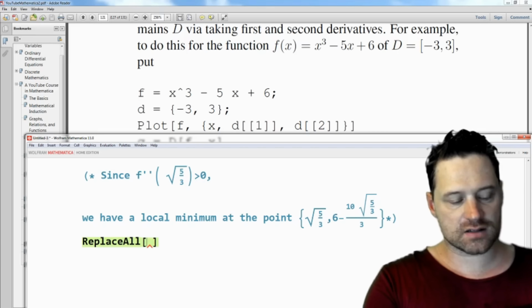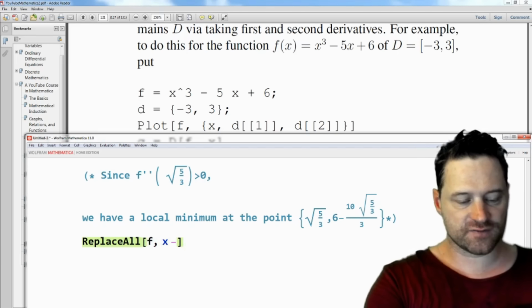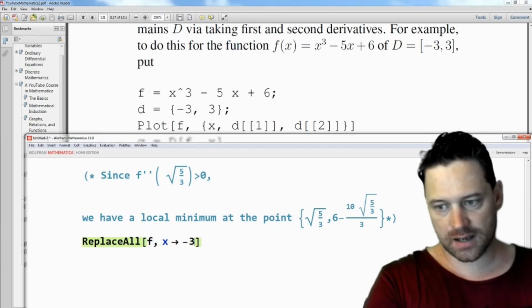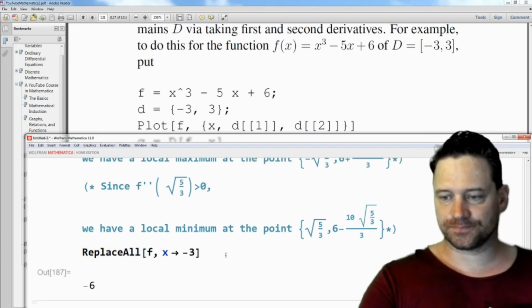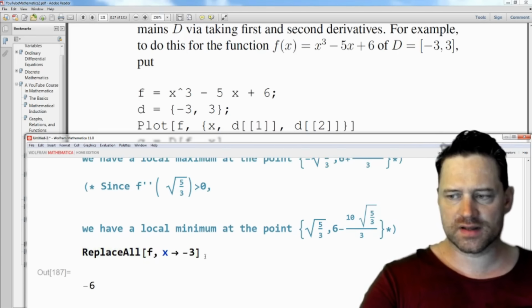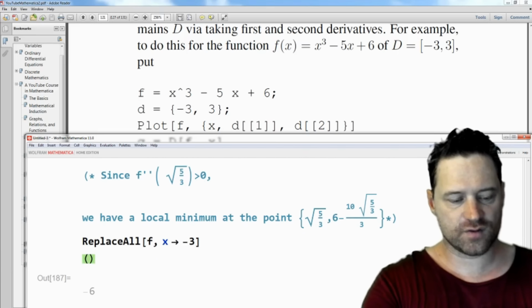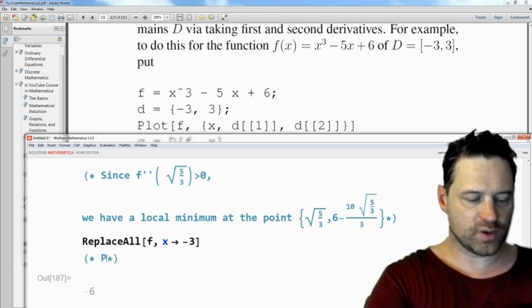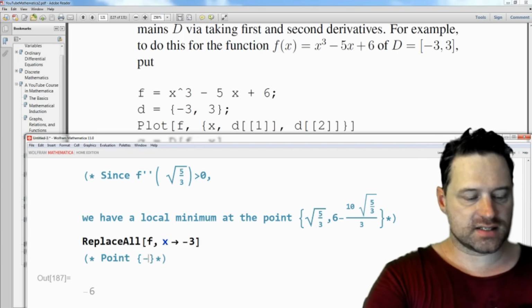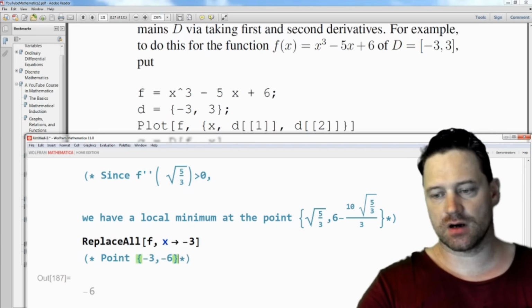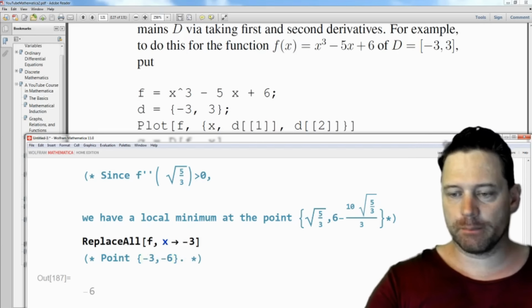So I want to replace x first with minus 3. Shift enter, and I get minus 6. Now let's record this as a point. In comment form I'll say point minus 3, minus 6. This is one of the endpoints of our domain.